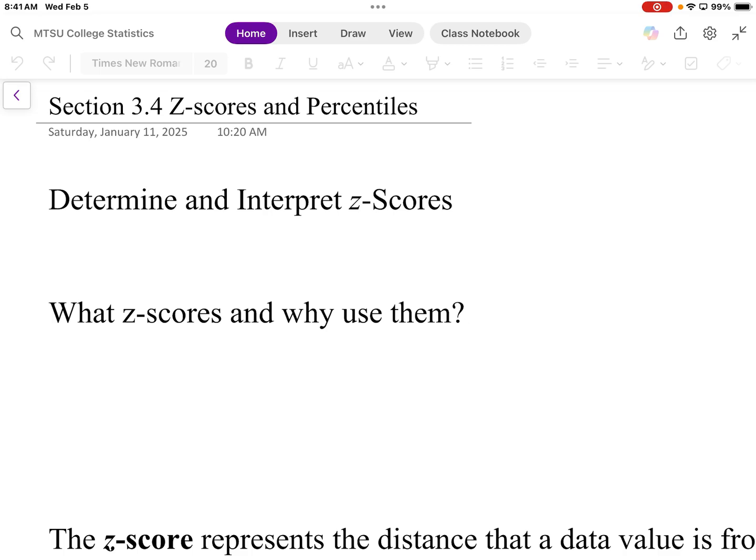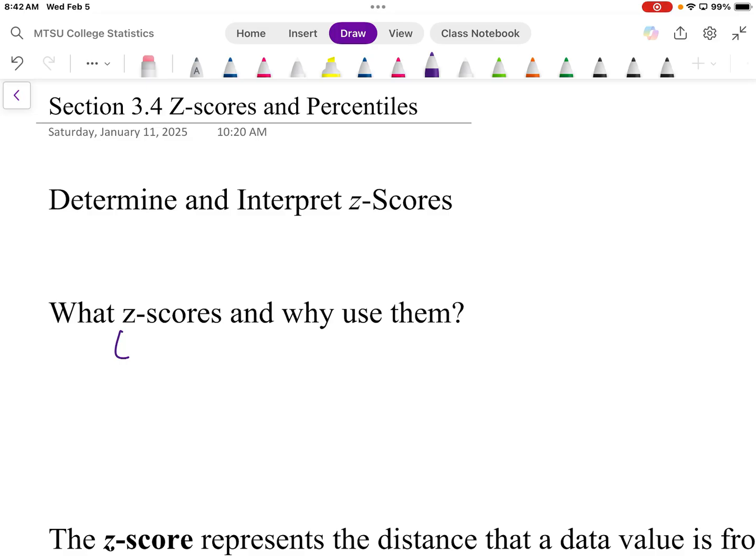Now, what is a z-score? A z-score is a standardized score. It's standardizing the values in a data set is what z-scores are basically. They're a standardized score, and I'm going to write that down here.